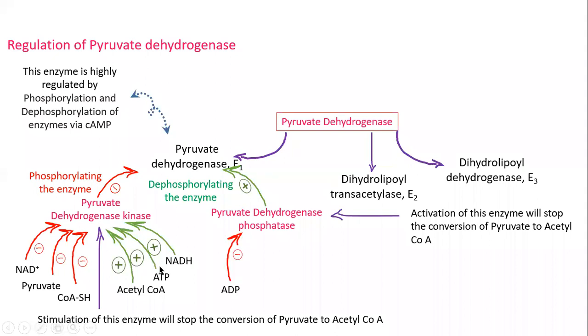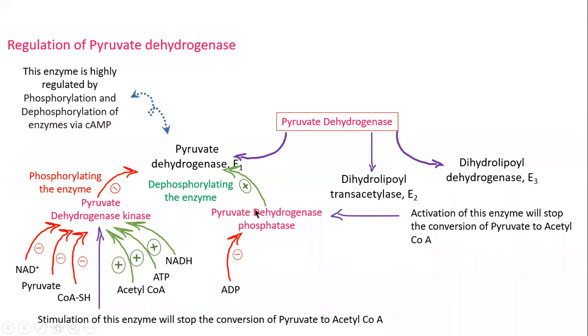So here, if more ATP is present, this will stimulate the PD kinase. What happens if there is a lot of ADP? If there is a lot of ADP, we require a lot of ATP. This ADP will inhibit the kinase.